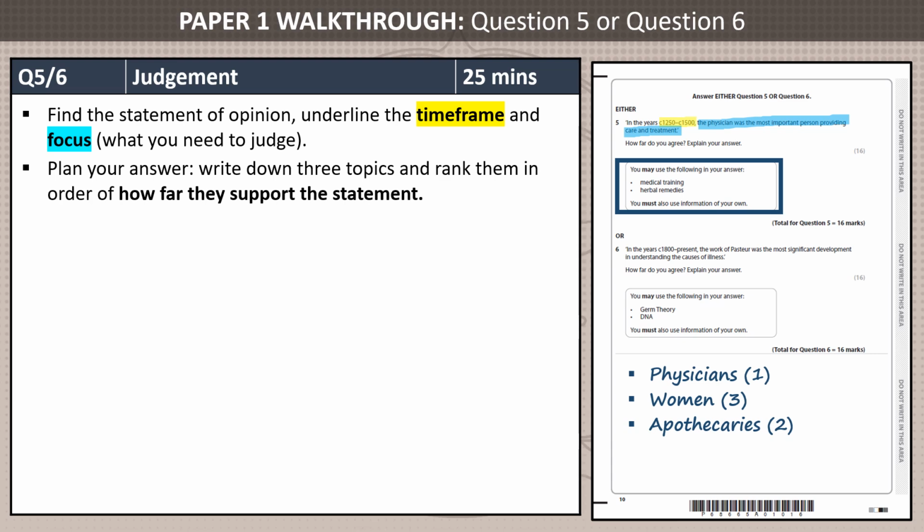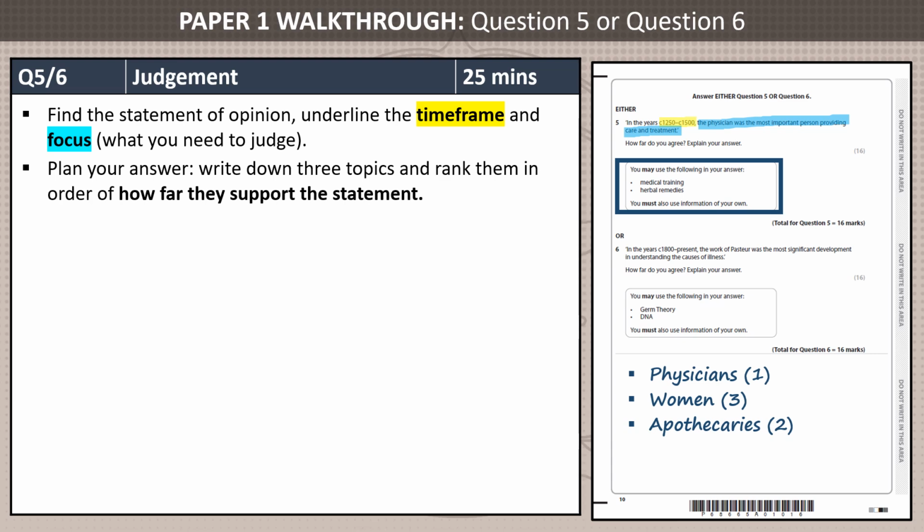So I've ranked that number 1. My paragraph on women will least support the statement of opinion, because I'm going to explain that women treated far more people than physicians, so they're much more important healers. So I've ranked that number 3.